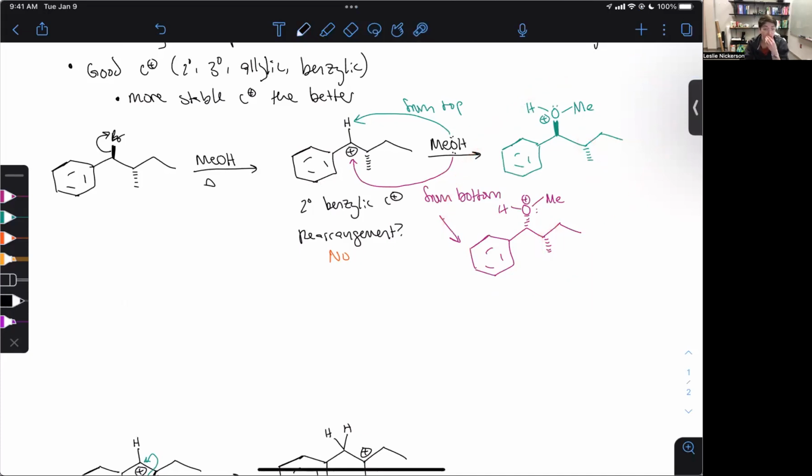So you basically have the potential to be making a mixture of enantiomers or a mixture of diastereomers here, if you have stereocenters.